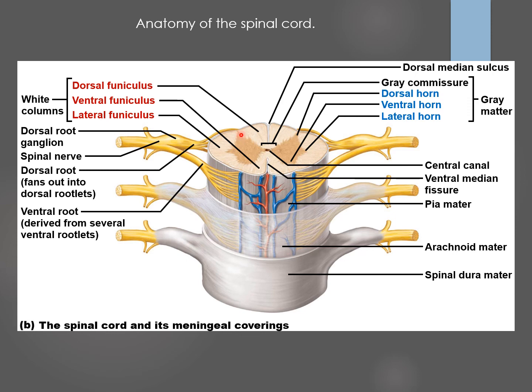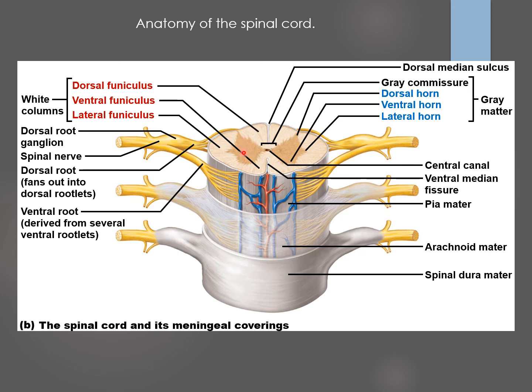And they're going to enter into this dorsal horn. This little section here is a dorsal horn. You have a dorsal horn on both sides. This is gray matter. Now that impulse comes in. That axon will communicate with interneurons.